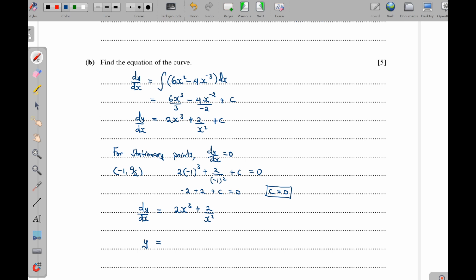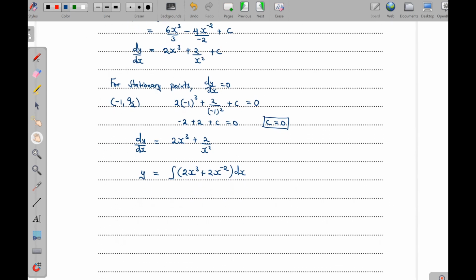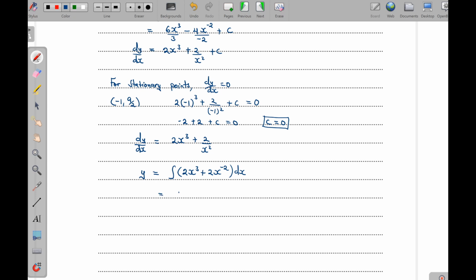Now we integrate this one here. So y will be the integral of dy dx, which is 2x cubed, then plus 2. I can take this x up here. I integrate this with respect to what? To x. And then from there, increase the power by 1, divide by the new power. So you have 2, then x here power 4 out of 4, then plus 2, x to the power of negative 1 out of negative 1, then plus again another constant.